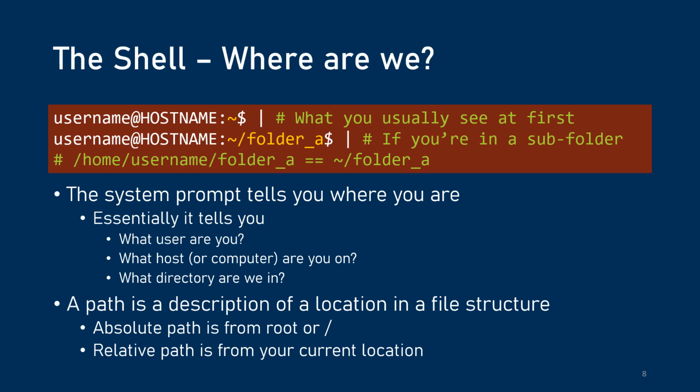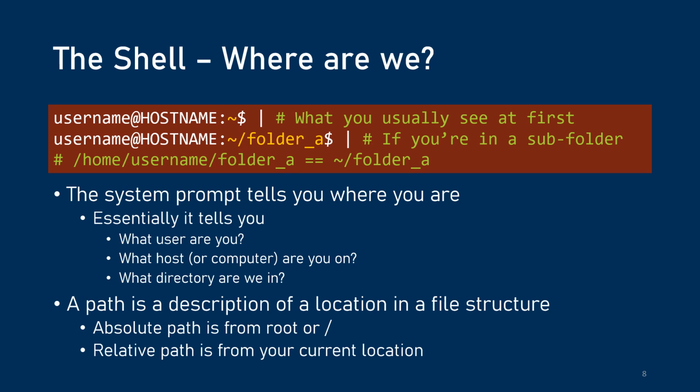All right, so going into the shell, let's start with where are we? When we open a shell, usually we'll be greeted by something that looks like username@hostname:~$. That is telling you that you are currently in the folder /home/username, and you were logged in as the user specified by the username on the computer which has the host name.